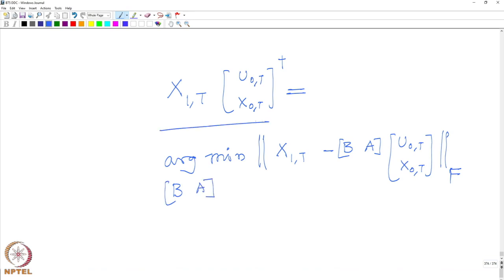So, when I do this calculation, you can find this out from any matrix computation textbook. We do not have time to go through this, but this is pretty standard.